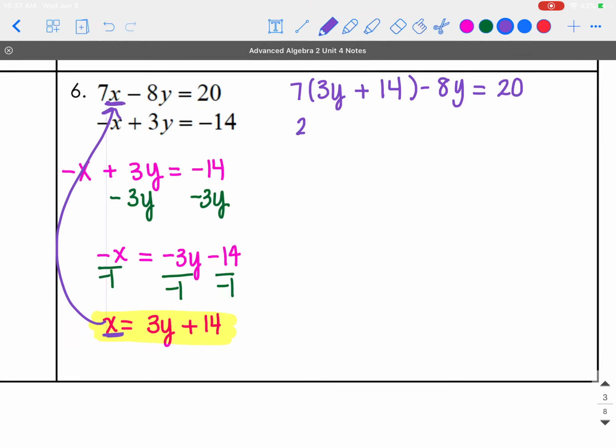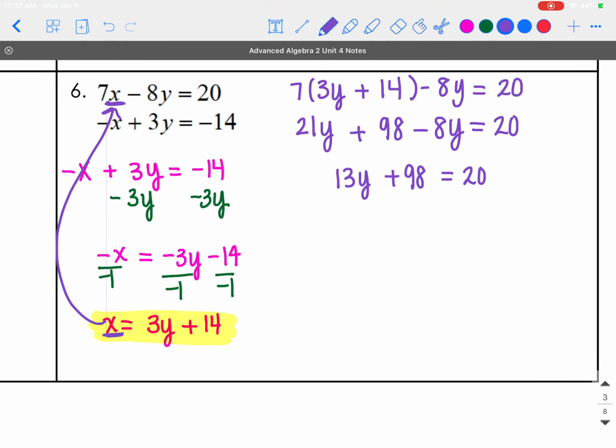All right, so I'm going to distribute. 21y plus 98 minus 8y equals 20. Then I can combine my like terms to get 13y plus 98 equals 20.